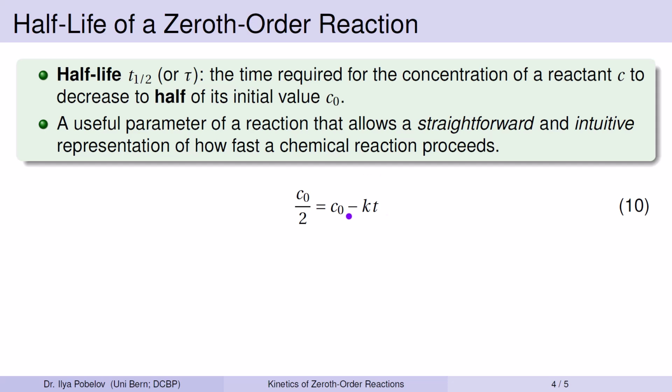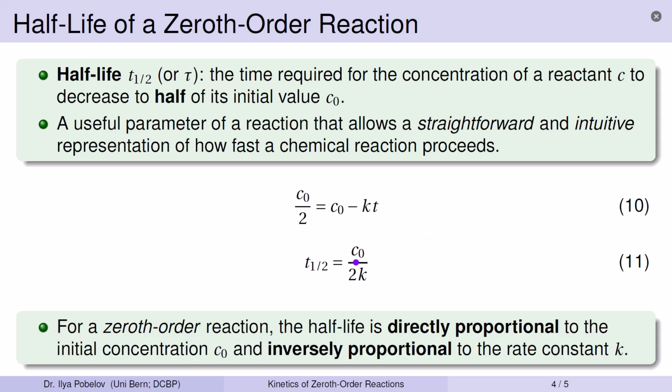To find the half-life for a zeroth-order reaction, we set C to half of C0 in the previously derived integrated rate law for a zeroth-order reaction and solve for t. That gives us an expression of C0 divided by 2k.